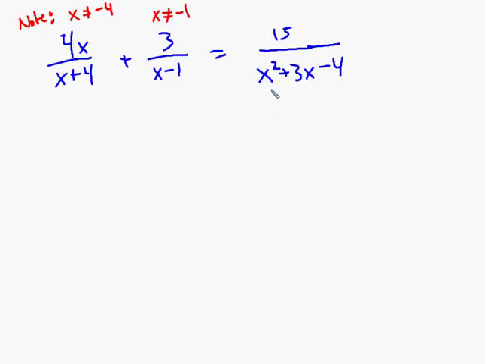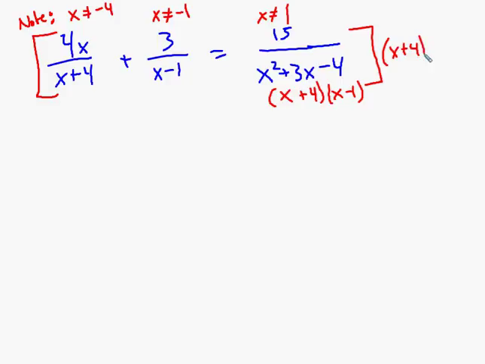And then when I factor that, this factors to x plus 4, x minus 1. X cannot be 1. I've already listed the negative 4, so I don't need to list it again. I'm going to clear the fractions by multiplying by what? X plus 4, x minus 1, x.